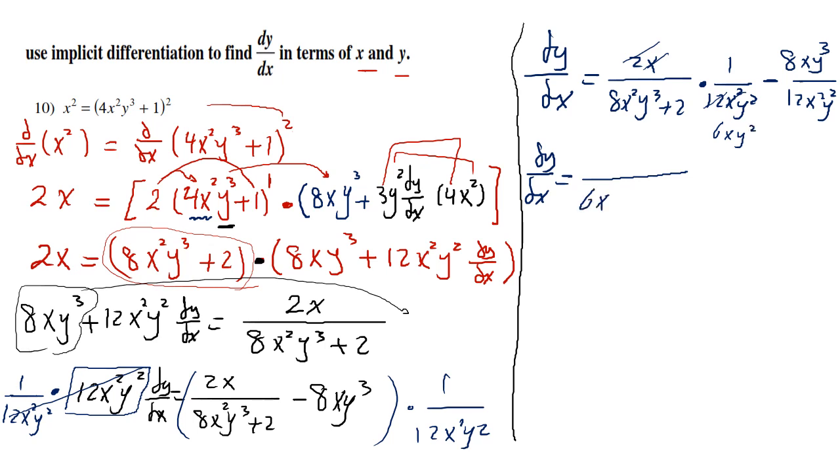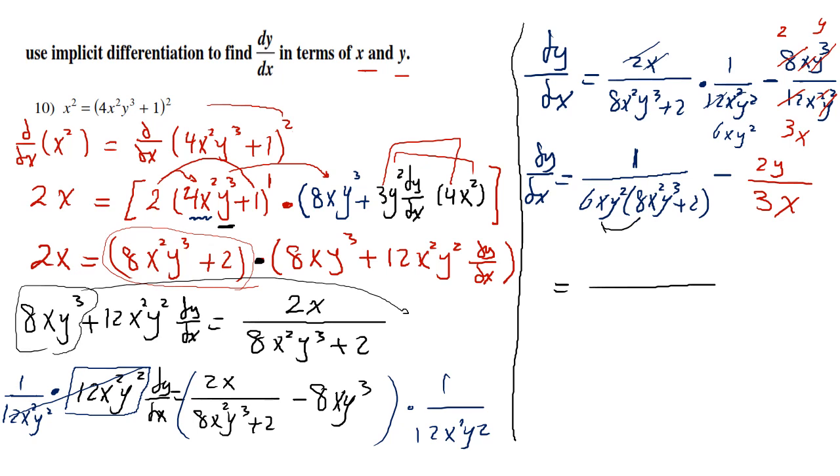So 6xy squared multiplied by 8x squared y power 3 plus 2, and above I have 1, minus, by dividing 8 divided by 4 is 2, and 12 divided by 4 is 3. X with x squared, so I have 1x down. Y power 3 and y squared, so I have 1y up. So 2y over 3x, which can be simplified more by expanding this bracket.